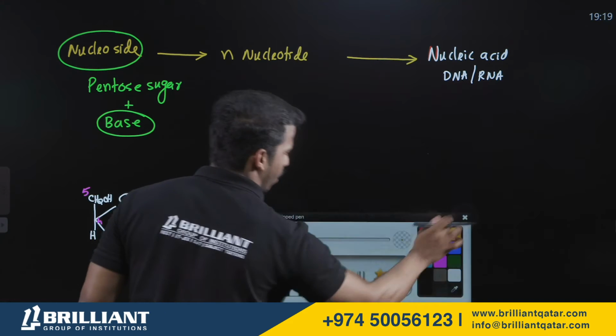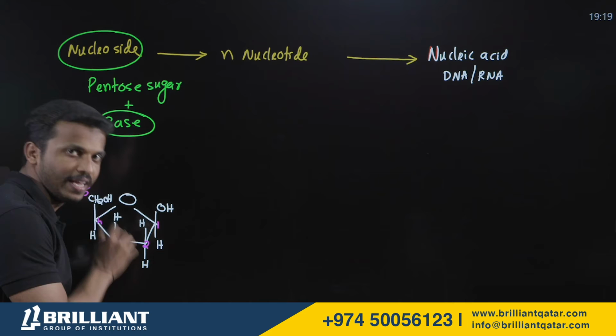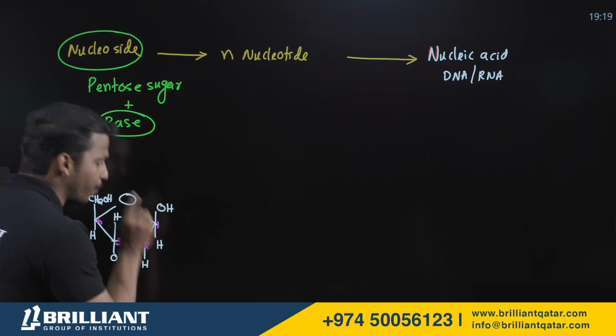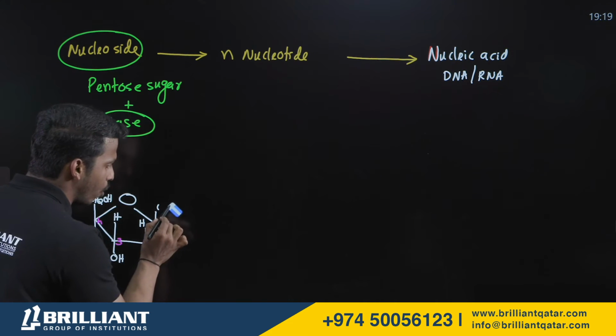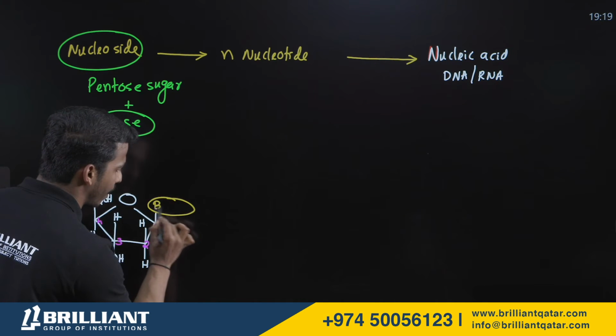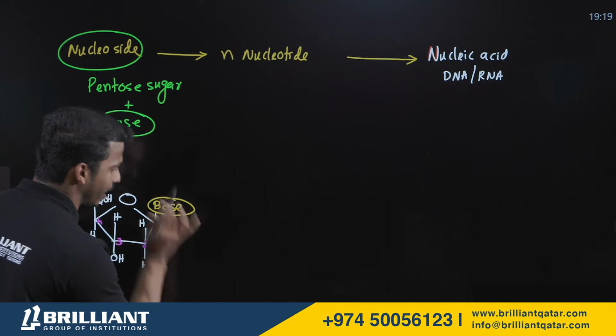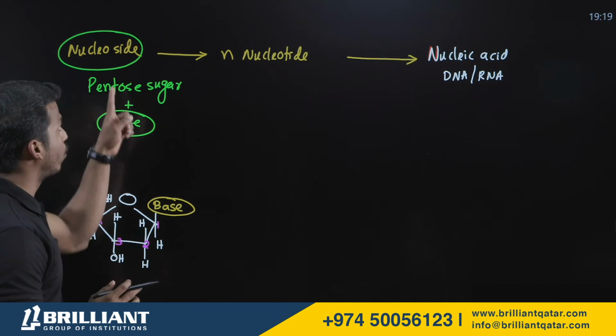Dear all, listen carefully. This is the pentose sugar part of DNA. In the first position, remove the OH group. And that position is occupied by the nitrogen containing base. This system is known as nucleoside.